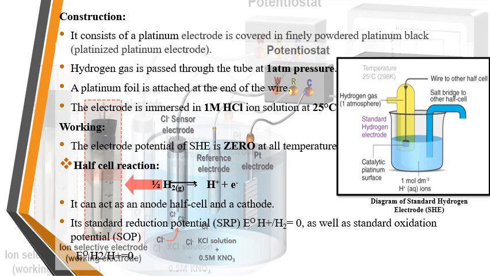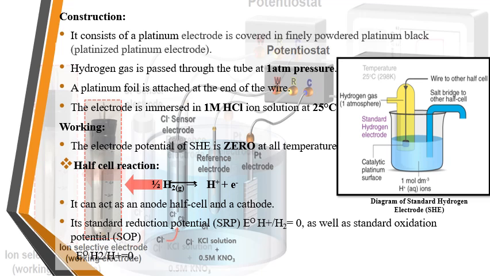Talking about the reaction, the operation, the electrochemical reaction occurring at the standard hydrogen electrode, as you can see here, is when one half molecule of hydrogen gas, let's say 1 molecule of hydrogen gas, reacts and gives 2 hydrogen ions.